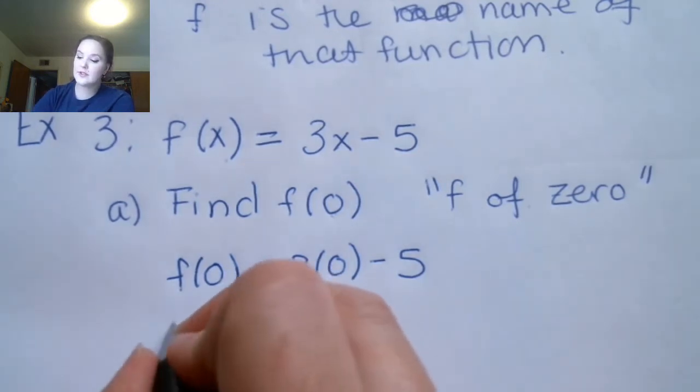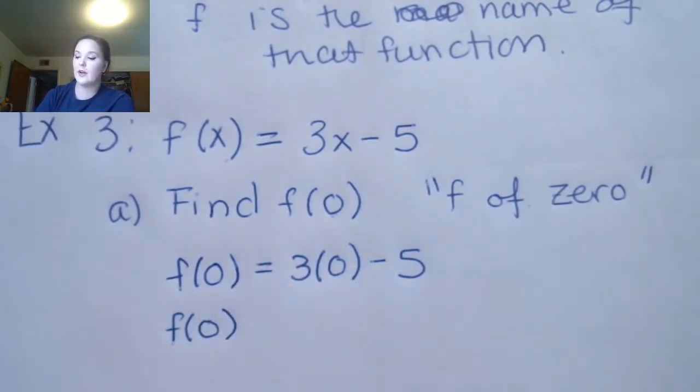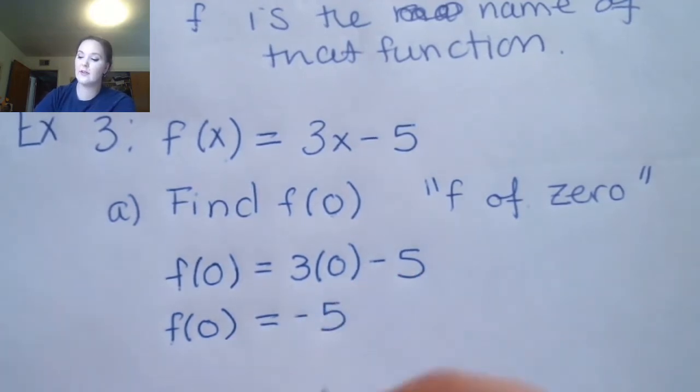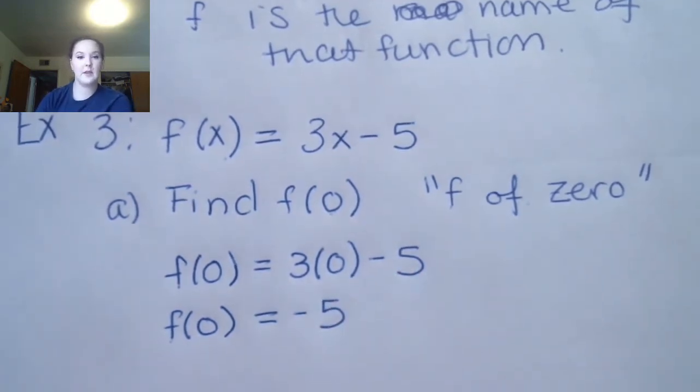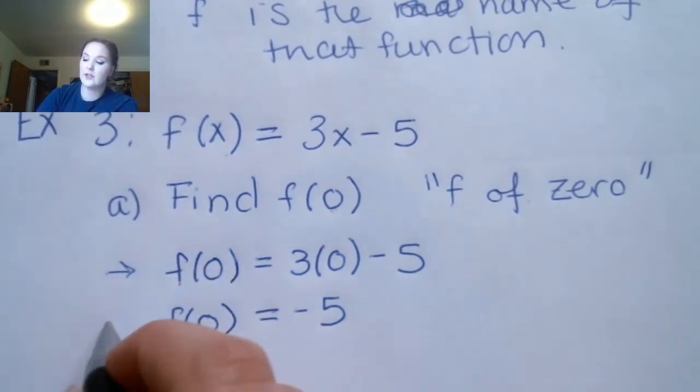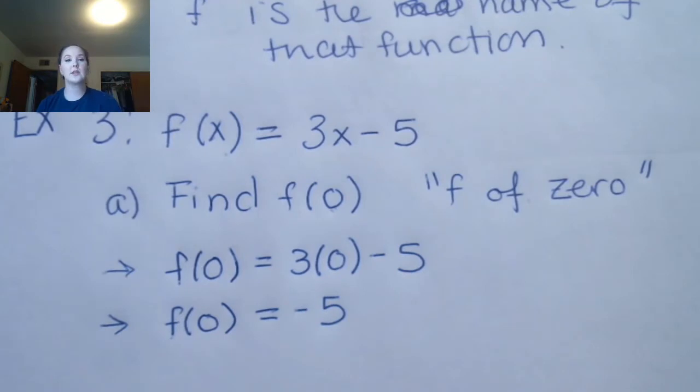Okay, and then we're just going to simplify it to a single numerical answer. 3 times 0 is 0, minus 5 is negative 5. Now, it is important that you show both of these steps. If you are doing this problem for homework or a quiz, you absolutely need to show both of these, and here's why.